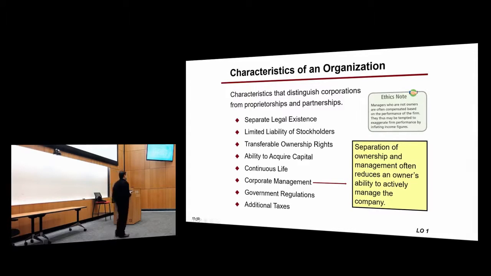That leads to certain problems. For example, what if the manager's incentives do not align with the company's incentives, or the manager's goals do not align with the company's goals? What's the manager's goal? To make money for themselves, first, because they want to increase their compensation.